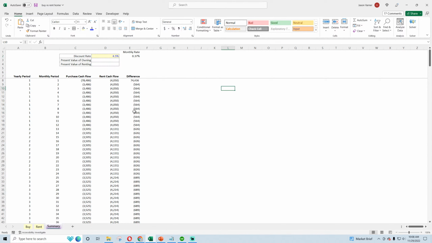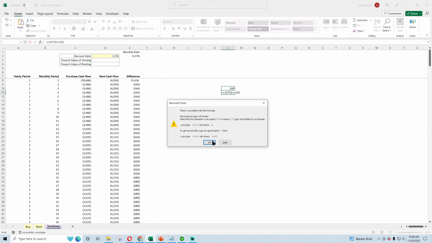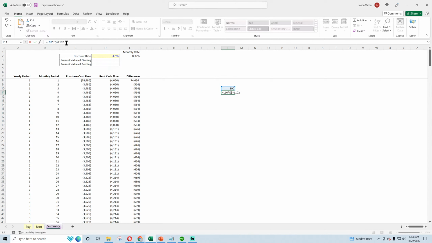And the way we can test that real quick is if we start with 100 and multiply it by this rate plus this, then, whoops, what did I do? Times that, plus this.